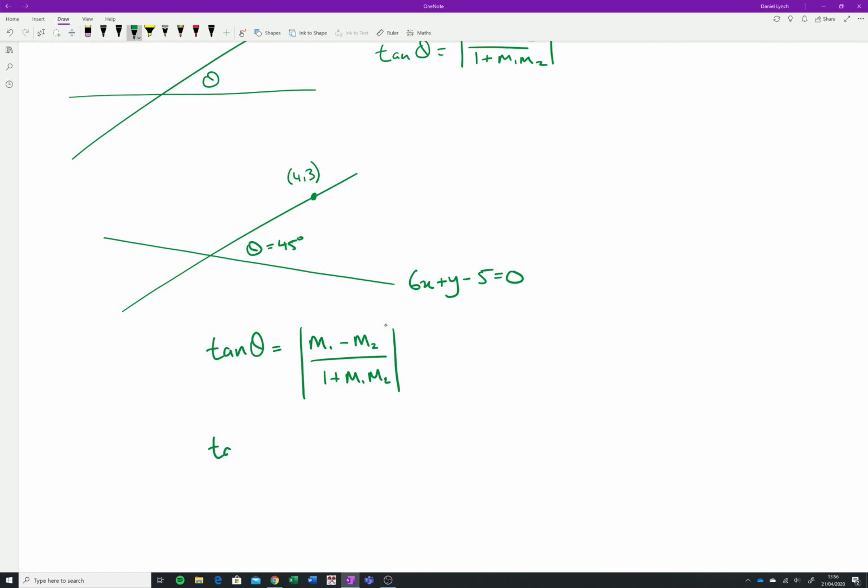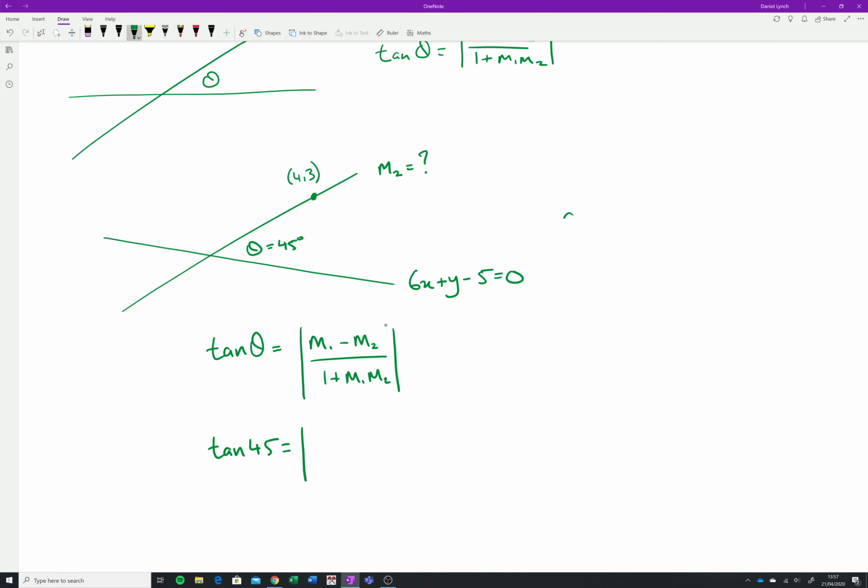It's going to be the tan of 45 degrees is equal to, well, this slope here, we'll call it m2. We don't know that one, and that's the only thing that we're not going to know inside of the equation. So we will be able to solve the equation based on that. But this one here, we do know what the slope is.